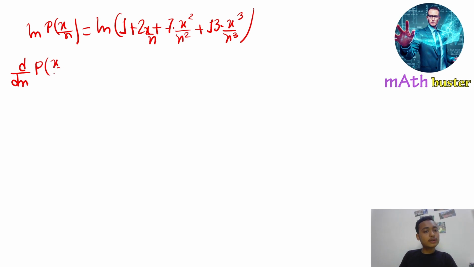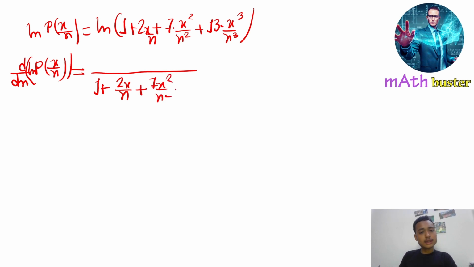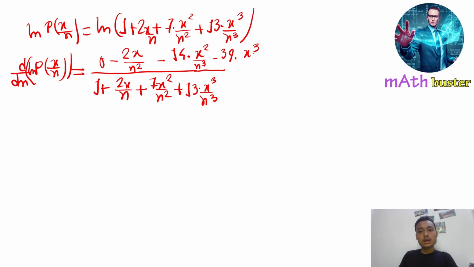The derivative with respect to n of ln of p of x by n is equal to 1 plus twice x by n plus 7x squared by n squared plus 13 into x cubed by n cubed in the denominator. Like the same rule, we will get 0 minus 2 into x by n squared minus 14 into x squared by n cubed minus 39 into x cubed by n to the power 4.